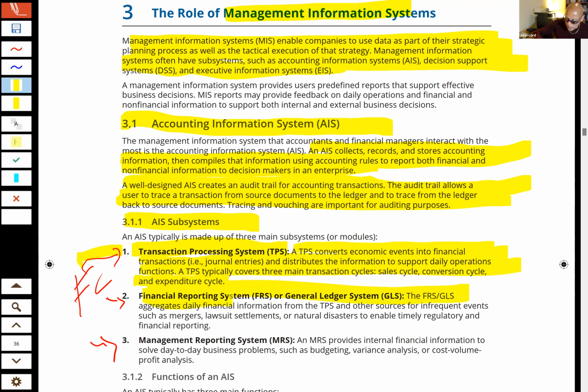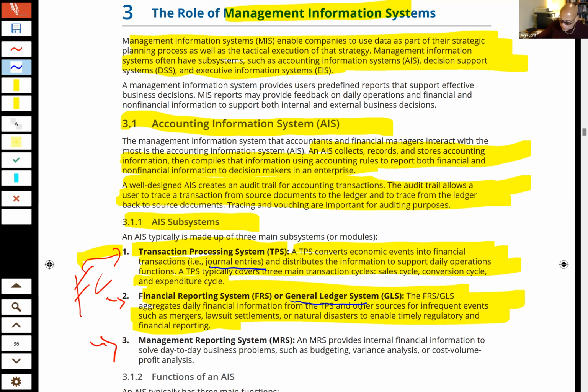And this basically aggregates daily financial information from the TPS, such as mergers, lawsuits, settlements, etc., for timely regulatory and financial reporting, again, external. So you basically have the transaction processing system really representing journals, and then you have the ledger systems representing ledgers, right? You make entries in a journal, you post them to the ledger.